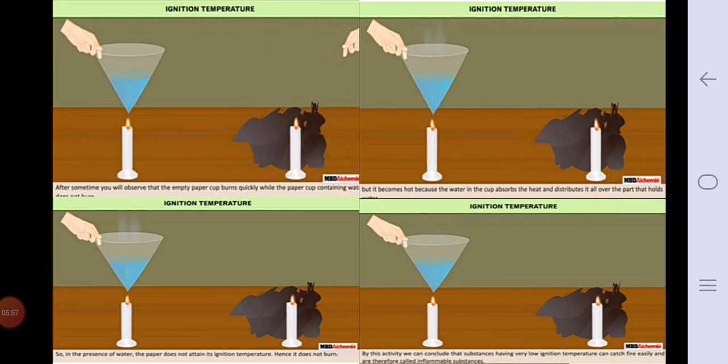So the substance should reach the ignition temperature level to burn. The substances which have a very low ignition temperature and can easily catch fire with a flame are called inflammable substances.